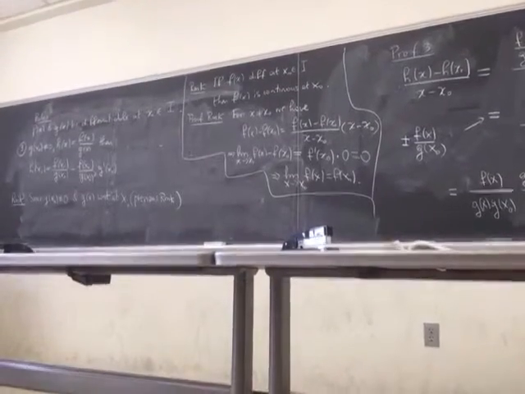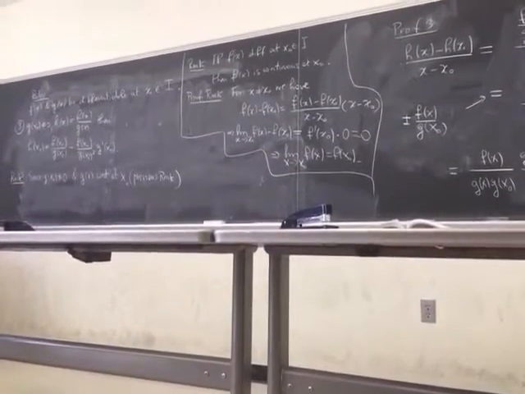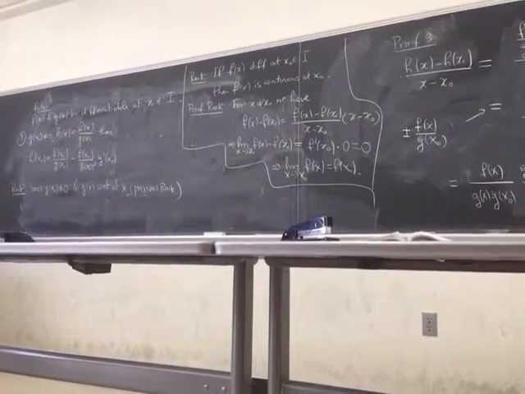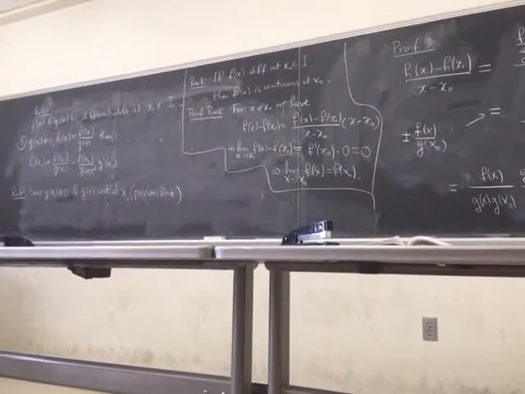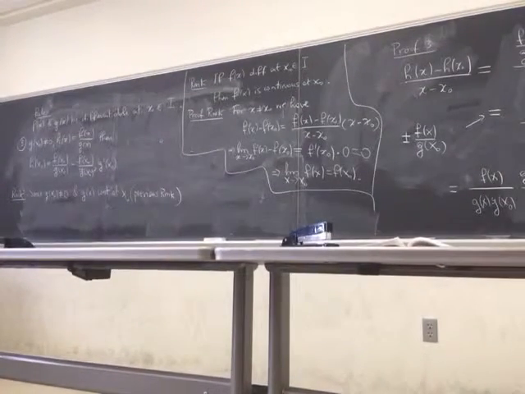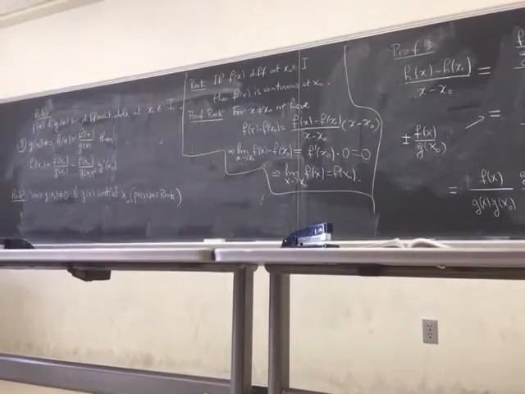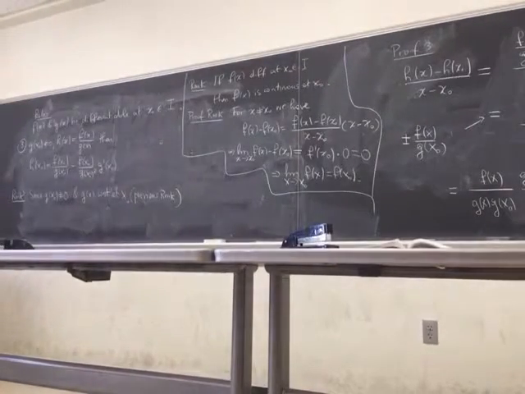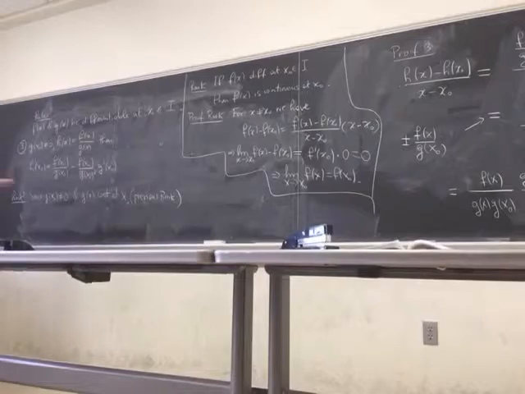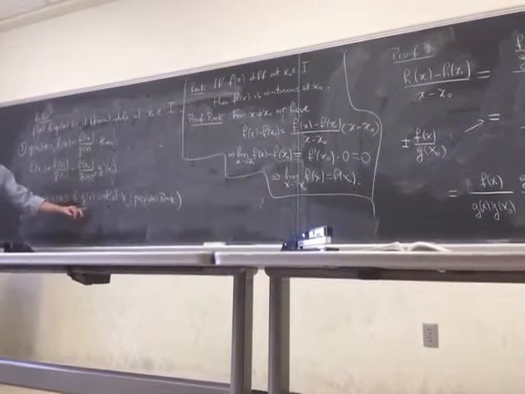If a function has a positive limit, say, then there exists a delta positive such that in the delta neighborhood of the point, the function stays positive. And if the limit is negative, then there is a delta neighborhood where you stay negative. So this is the same. G of x naught is different from 0.